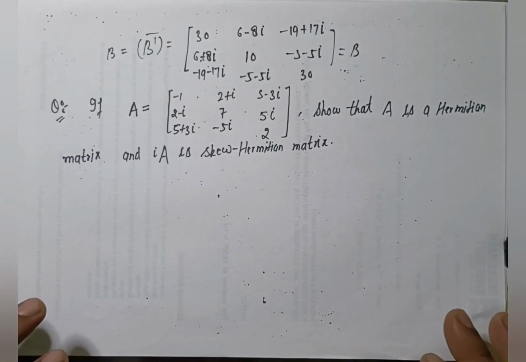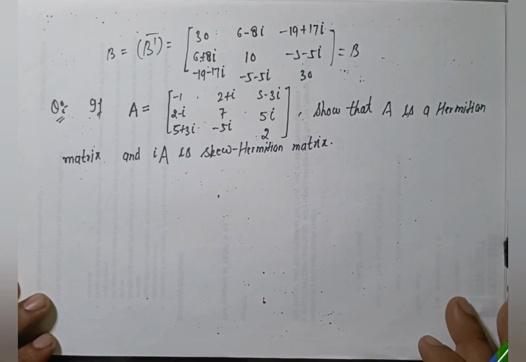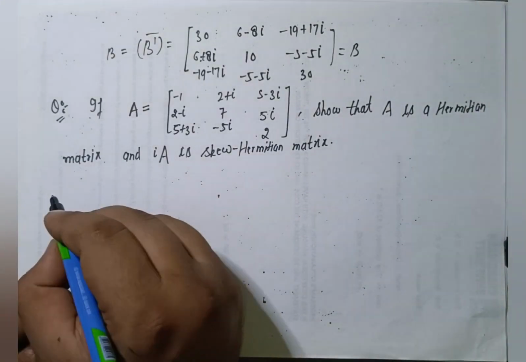We prove that this given matrix is Hermitian and iota into A is skew Hermitian.